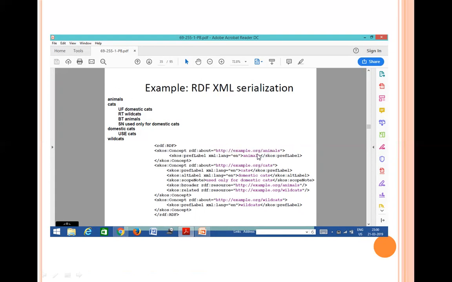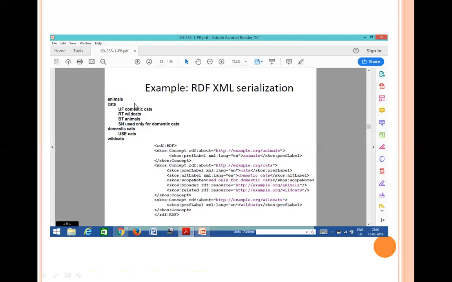So animals is the preferred term, the first term. Then the second one is cats. What is the preferred label? Cats. What is the alternative label? Domestic cats. What is the scope note? Used only for domestic cats. What is the broader term? Animals. What is the related term? Wild cats. So this particular portion is over. The next one is wild cats. We are talking about wild cats.